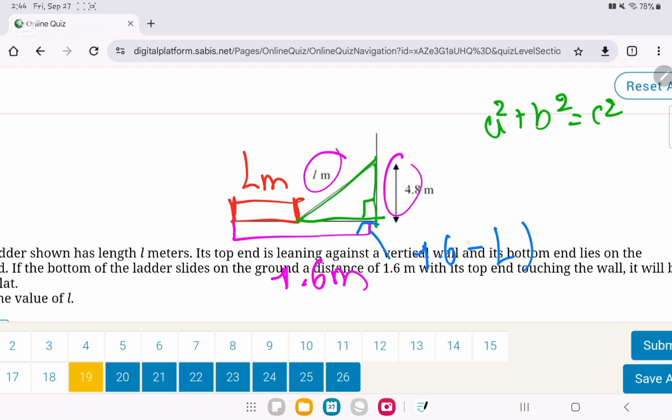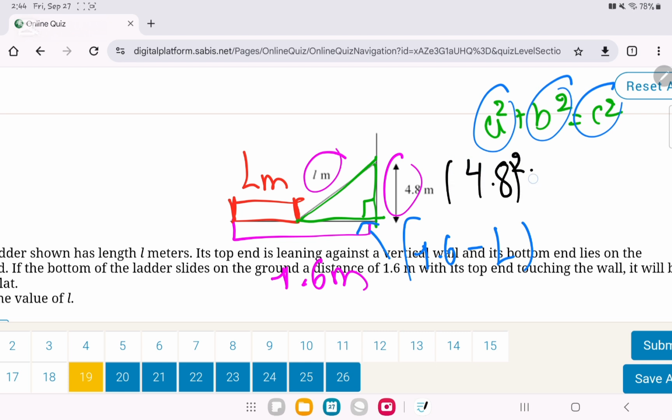So 1.6 minus L. Now we have our a, b, and c. Our a is 4.8 squared, plus our b, which is (1.6 minus L) squared, and our c, which is L squared.